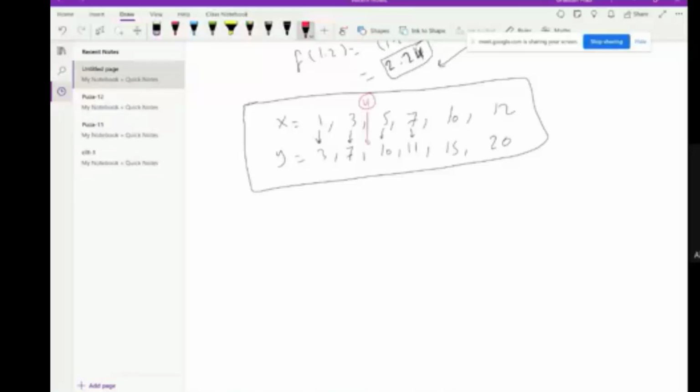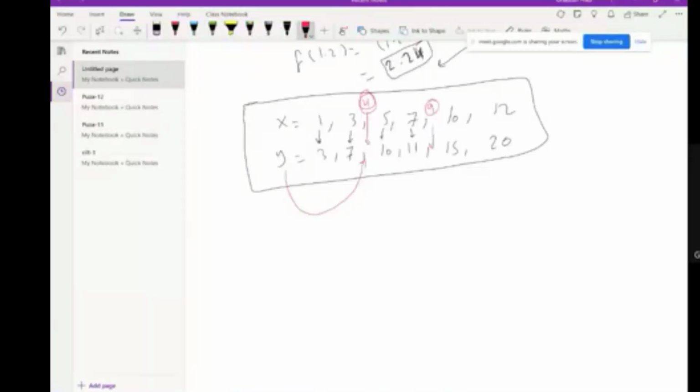We will make some steps or some operation to find the value of y when x equals 4 and when x equals 9, for example.